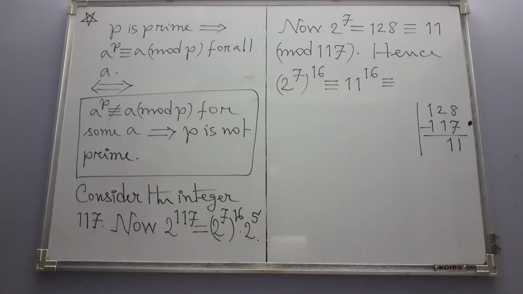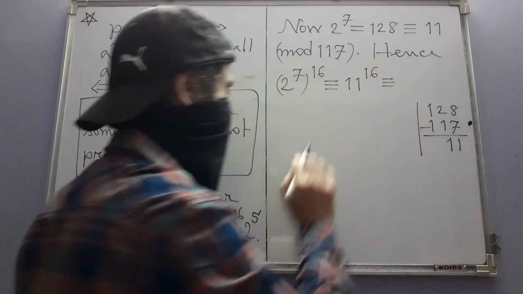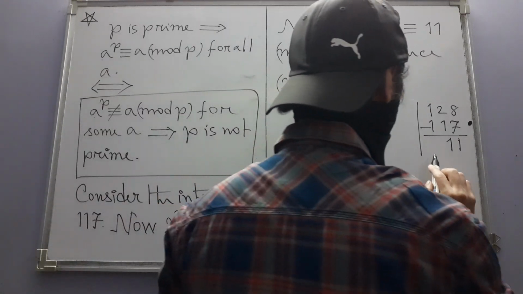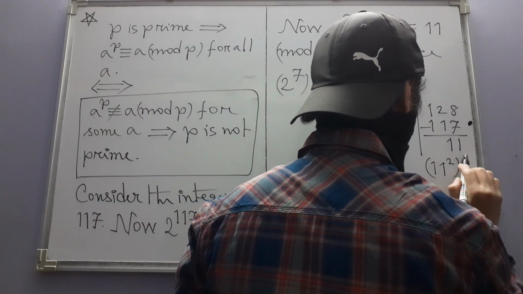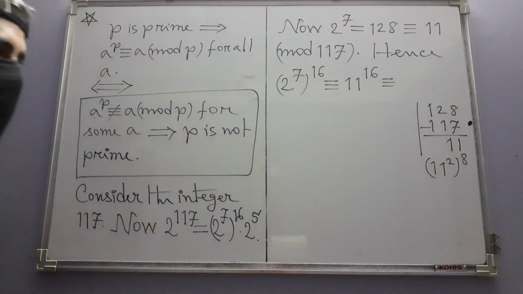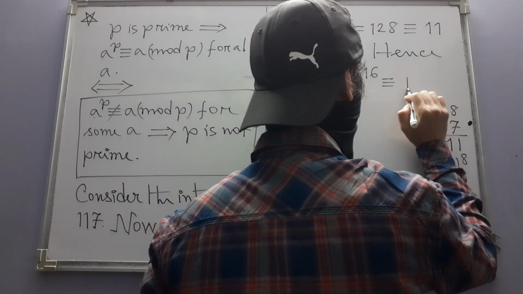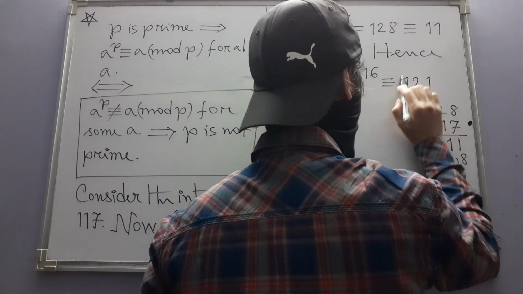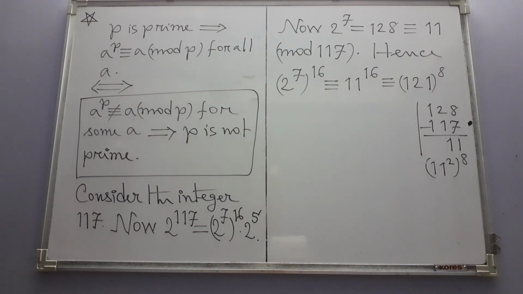That can be simplified, of course, because we have powers of a power of 2 here, so you can write that as 11 squared to the power 8. That way you will get 121 to the power 8.